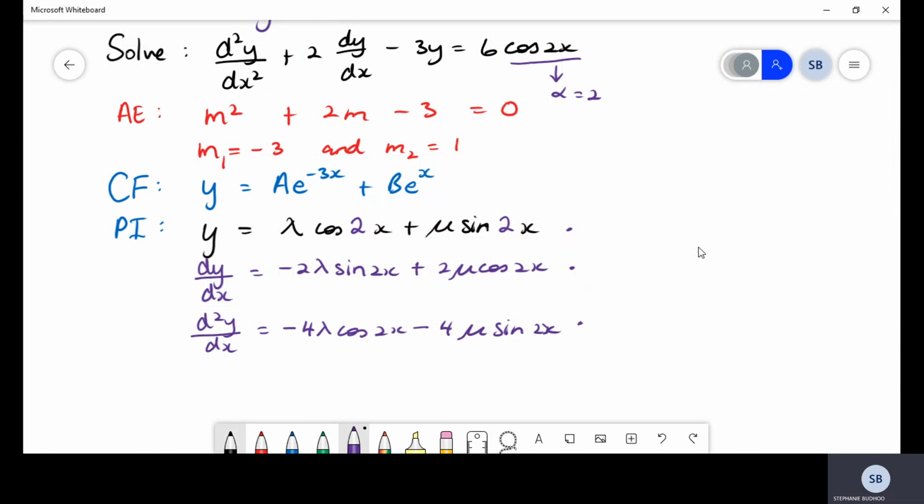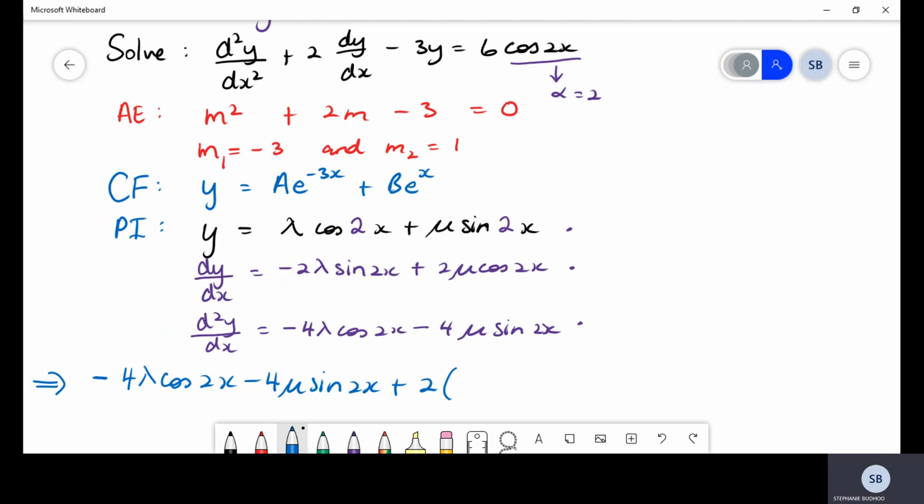So substituting into our entire original equation gives us minus 4 lambda plus 2x minus 4 mu sine 2x plus 2 of dy dx.